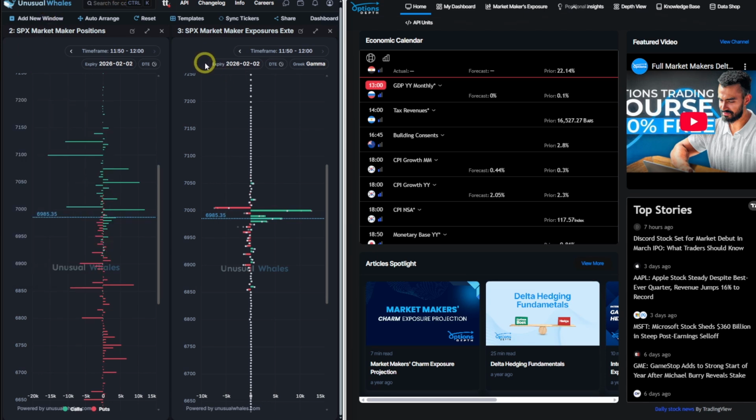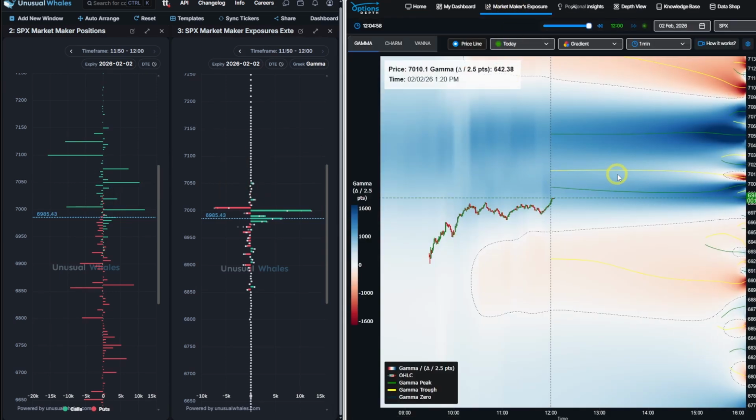They don't have, for instance, these heat map graphs, and that may or may not be important to you.